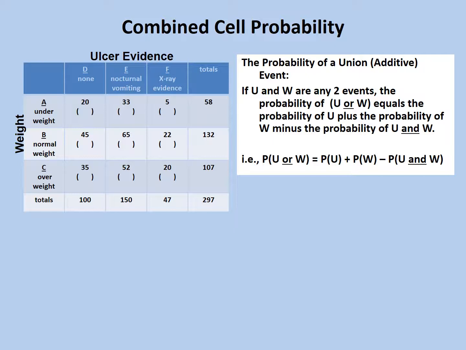We now describe how to determine a combined cell probability, which is the probability of a union or additive event. It's defined as follows.